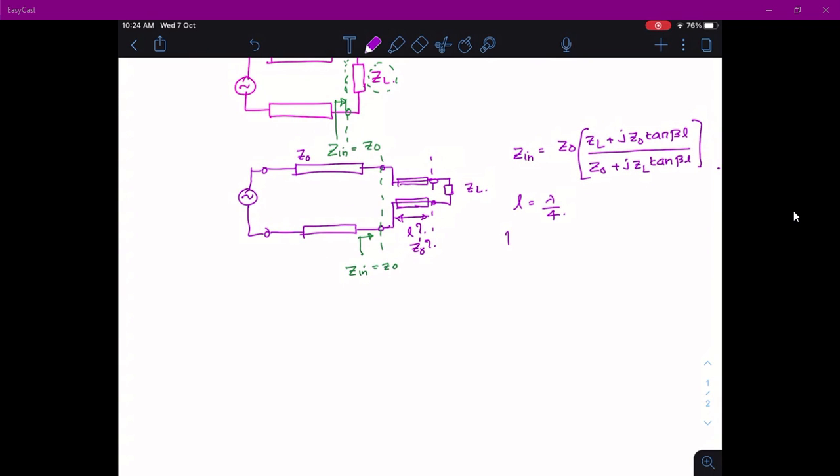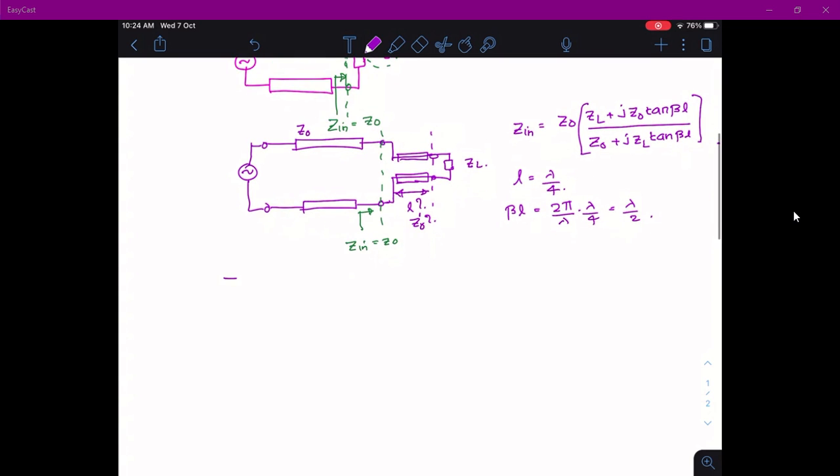So my βL value, which is the electrical length, is 2π by lambda into lambda by 4, that is π by 2. So my Zin, I can write as Z0 times (ZL plus jZ0 tan π/2) divided by (Z0 plus jZL tan π/2).